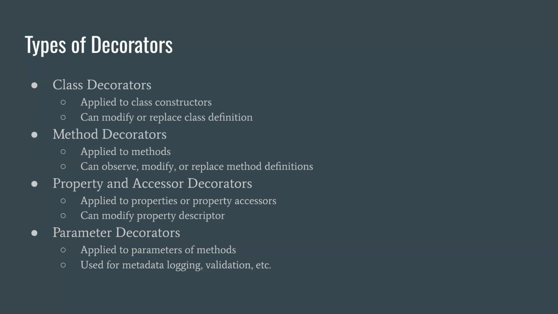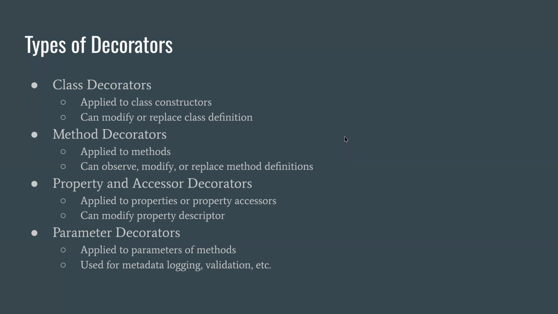Method decorators can be applied to method declarations and can modify or replace method definitions. Property decorators are used with class properties and can modify the behavior of the property, such as making a property read-only.